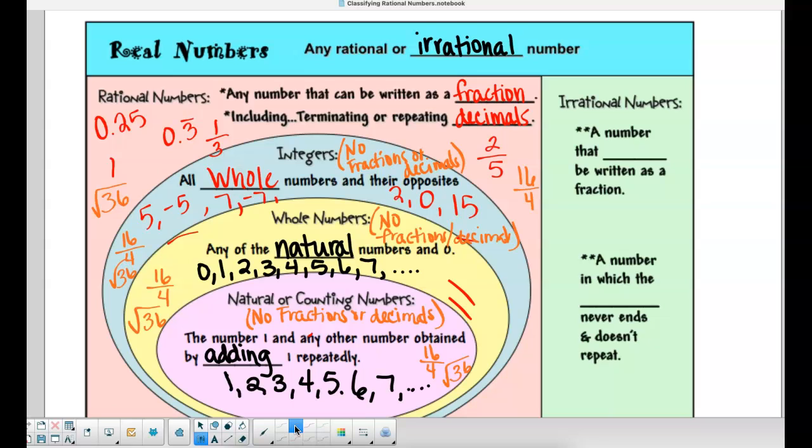At that moment, I cannot act rational. Maybe an hour later I can. So if you're irrational, you cannot be rational. Now, an irrational number is a number that cannot be written as a fraction.